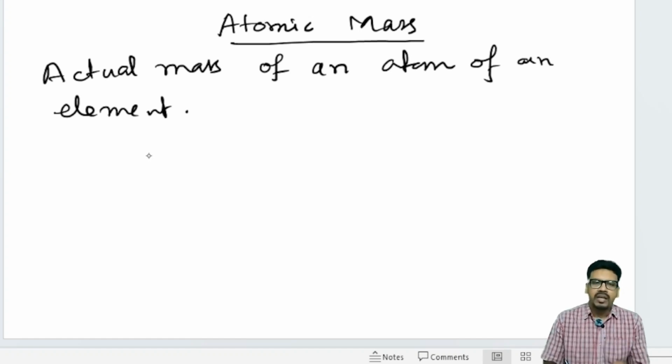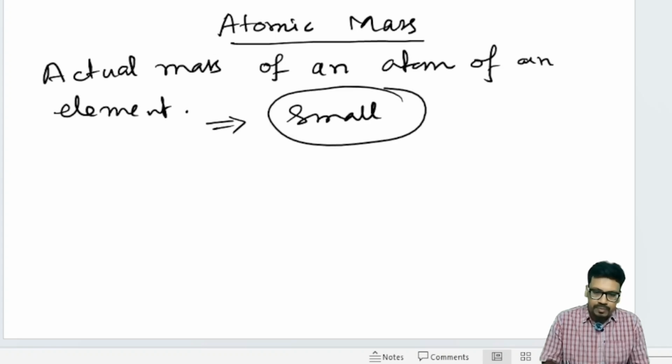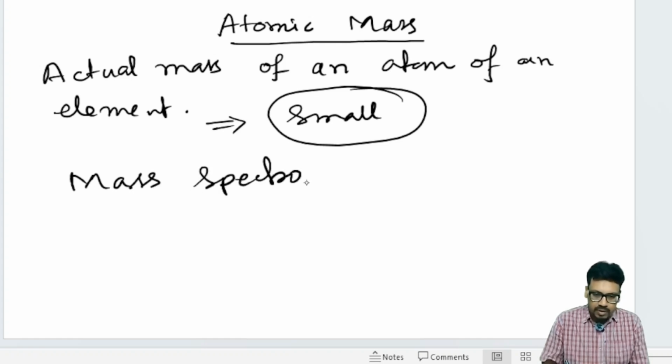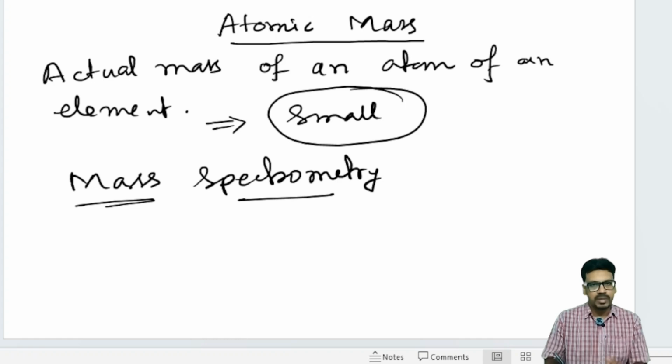Now the mass of the atom of any element is very small, so this is very difficult to measure, but nowadays we can determine the mass of a single atom by mass spectrometry. Sorry, this is not spectrophotometry. By mass spectrometry we can easily measure the mass of any atom.